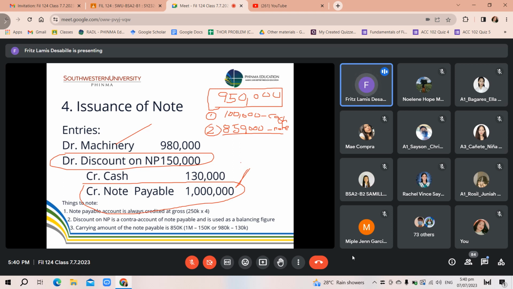So to answer that one, guys, this 850,000 is actually the present value, PV. This 1 million is only the FV, the face amount. Face value or face amount.